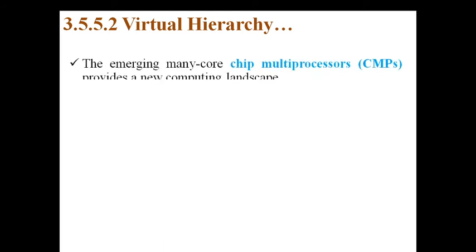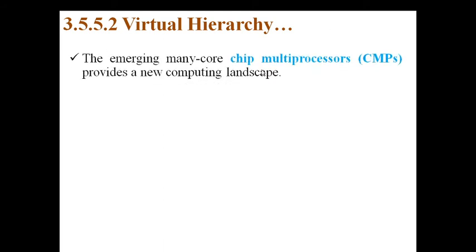See, the emerging many-core chip multiprocessors provide a new computing paradigm. They are going to share some memory. If everybody tries to access a shared memory, what will happen? The changes modified by one processor have to be notified to the other at the same time.